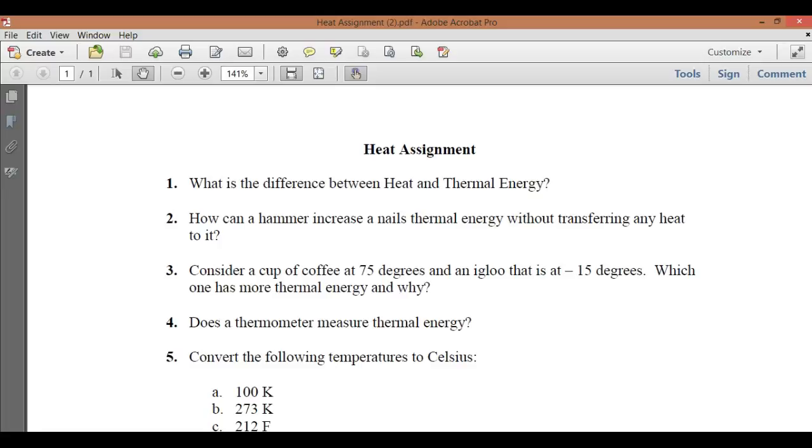You intuitively know this. So what I'm passing around here are different blocks. The blocks have the same volume. So, which one has the most particles in the block?